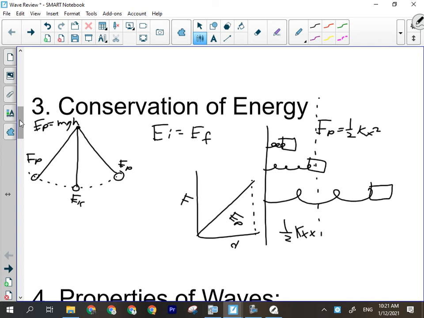Remember guys, in our potential energy formula, x is the displacement from equilibrium. If we're at equilibrium, what's x? 0. There's no potential energy at equilibrium because x is 0, and when x is 0 the spring is neither stretched nor compressed, which means it can't push, which means there's no potential. There's nothing there to store any energy.